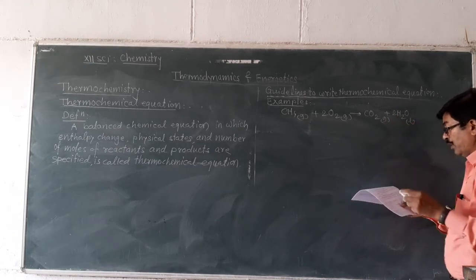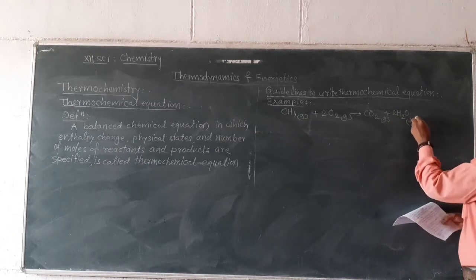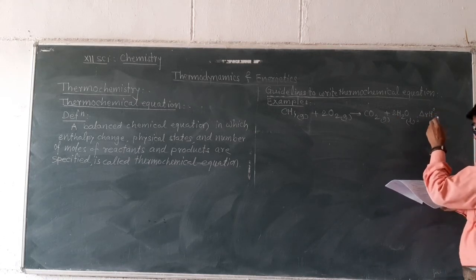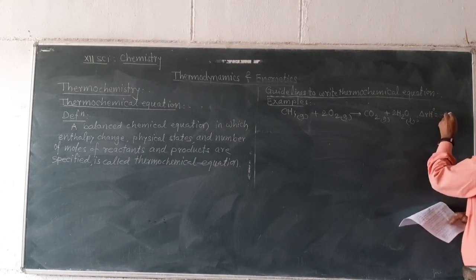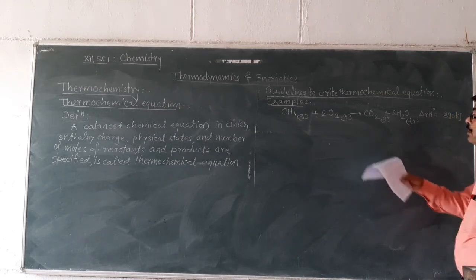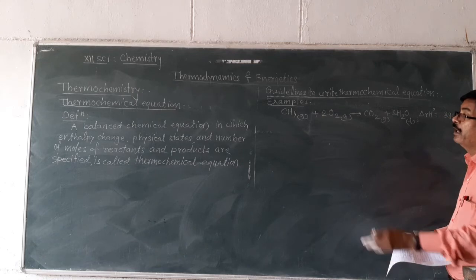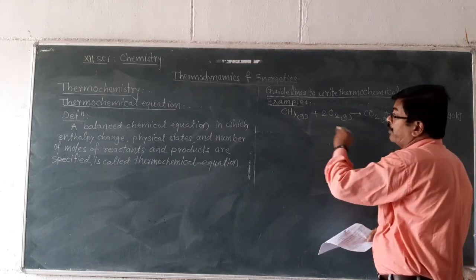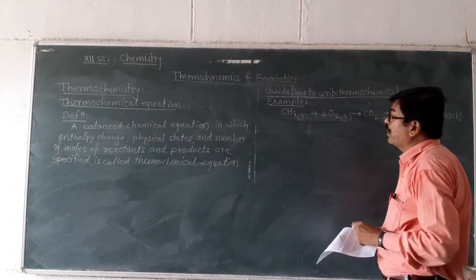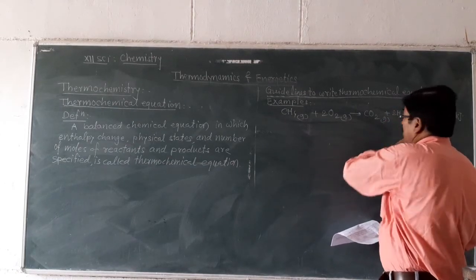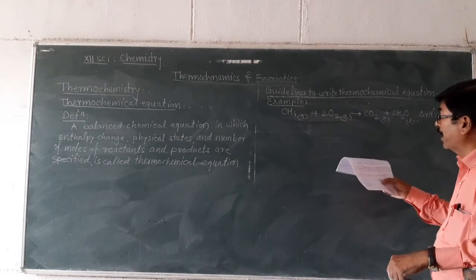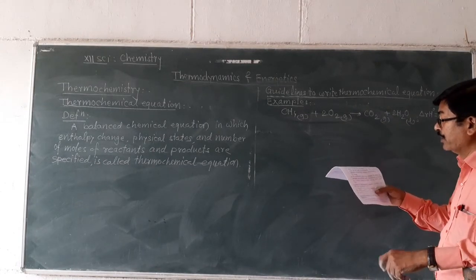This is one reaction, and if delta rH naught is given here, minus 890 kilojoule, this becomes thermochemical equation. Here, this is balanced chemical equation. Standard physical states of reactants and products are mentioned. Enthalpy change with proper value and sign is given on right hand side of the equation.